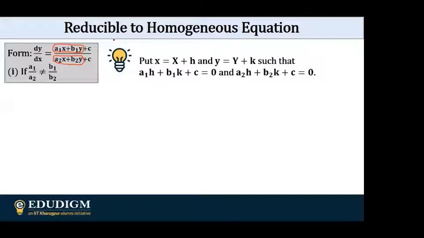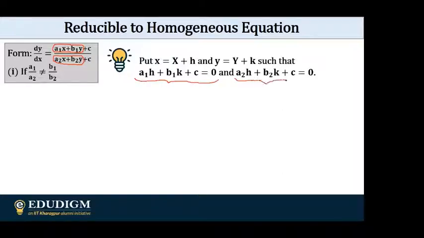Whenever you're thinking about these kinds of substitutions, you can clearly see that h and k are constants that we are still supposed to determine. We don't know the constants, so there's a condition on them. What is the condition? In general, the constants are supposed to vanish. So for that, I need to have these two things.